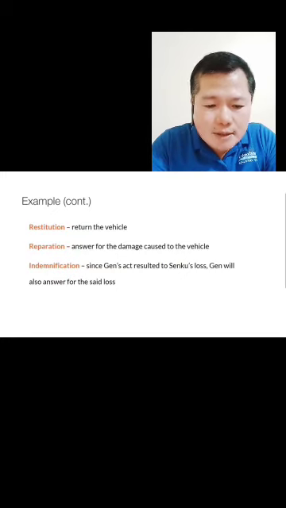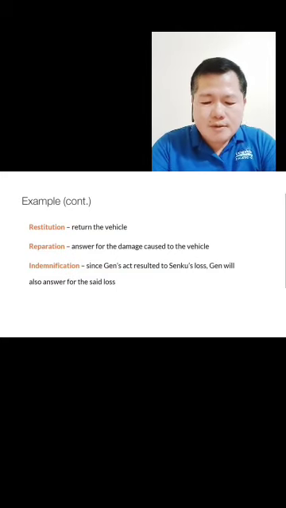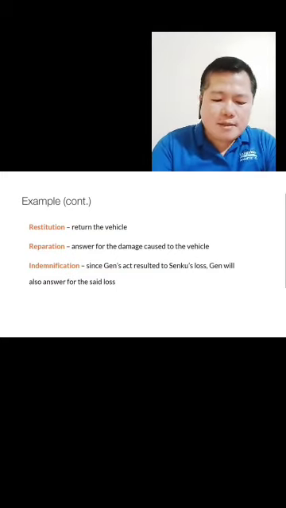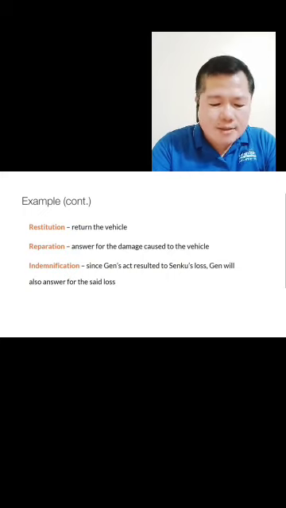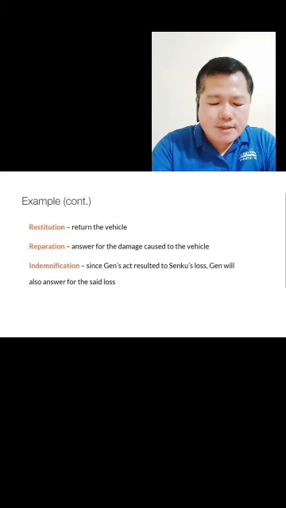So what does indemnification mean? Let's go back to the situation. Cinco was supposed to attend the car show. His car may be a vintage, so he would present his car and was supposed to earn income, but because it was stolen, by Gen, Gen is required to pay indemnification.